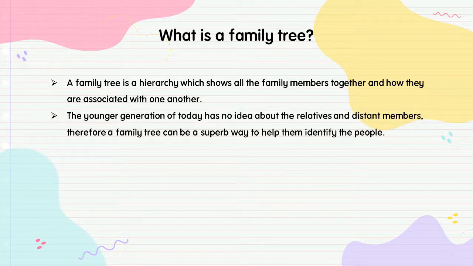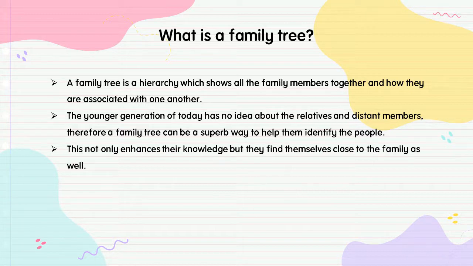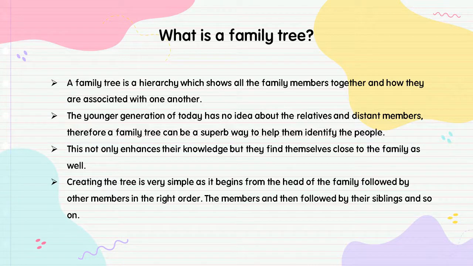The younger generation of today has no idea about the relatives and distant members. Therefore, a family tree can be a superb way to help them identify the people. This not only enhances their knowledge, but they find themselves close to the family as well.